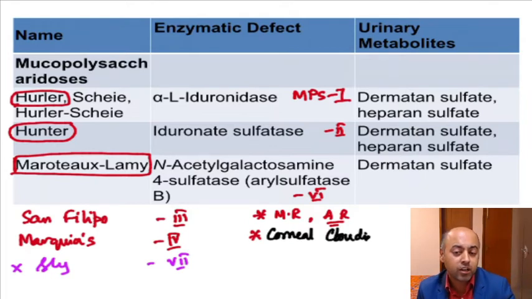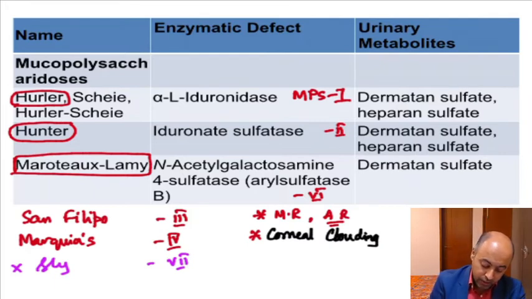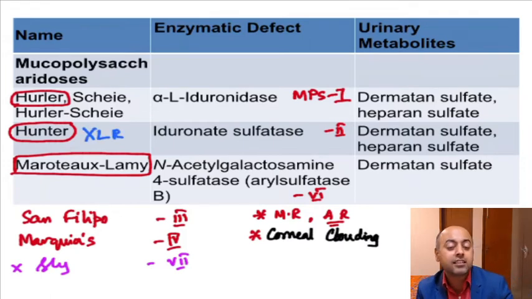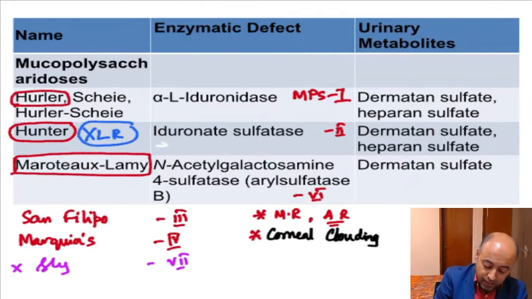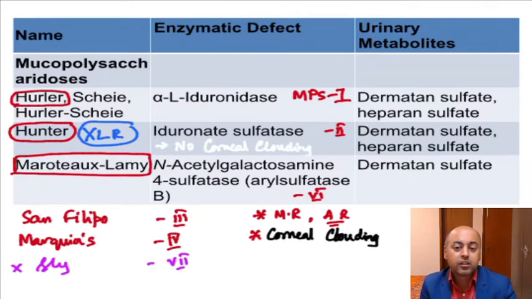Here, Hunter's is an exception because it shows the X-linked recessive inheritance pattern, and also there is no corneal clouding. There is no corneal clouding in patients of Hunter's.